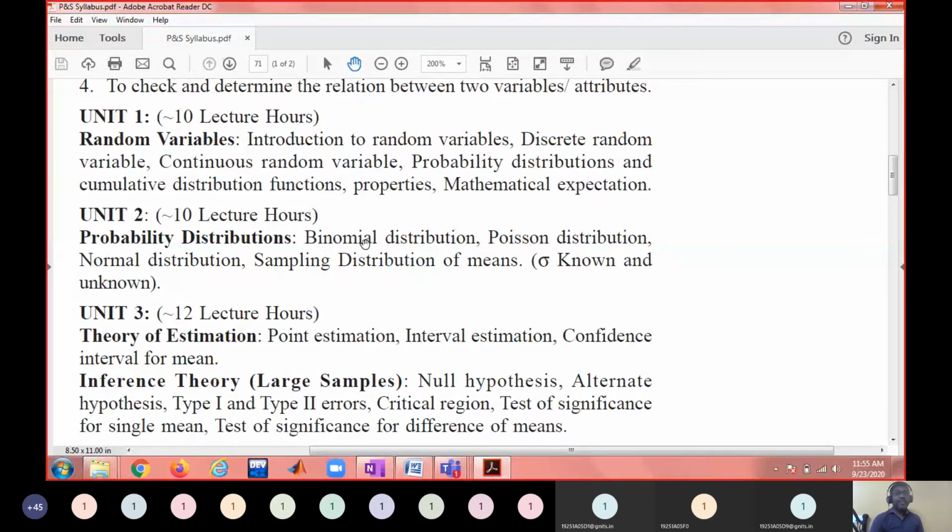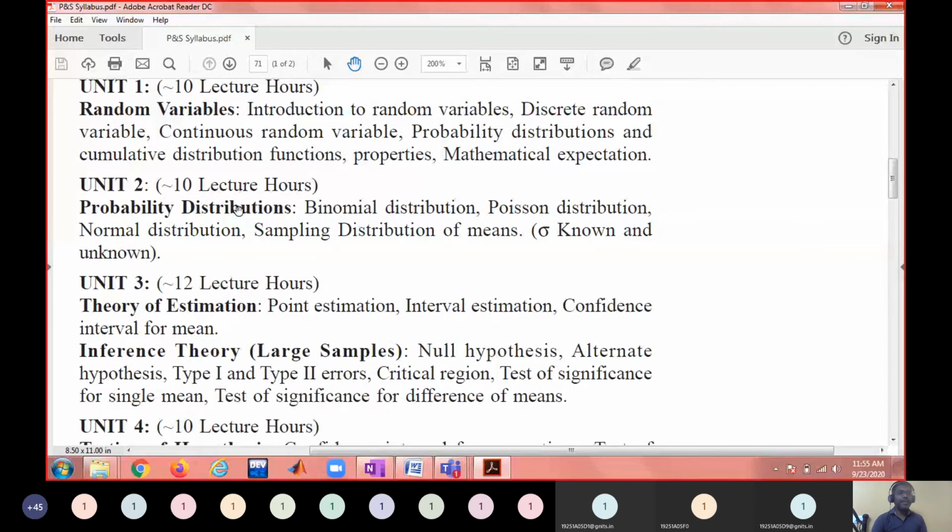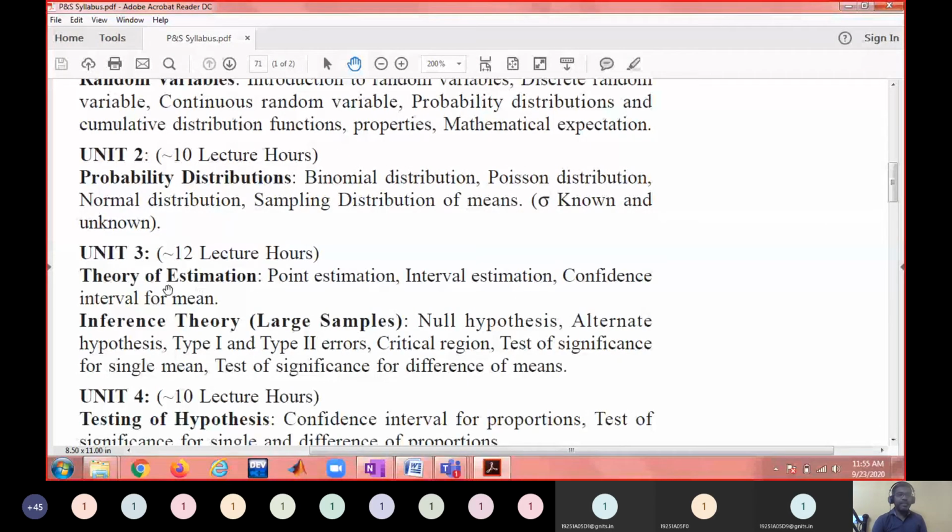Binomial and Poisson distributions are discrete probability distributions. The normal distribution is a continuous probability distribution. Then the sampling distribution of means, sigma known and sigma unknown. We did problems on sigma known, and I have given a note on what to do when sigma is unknown.